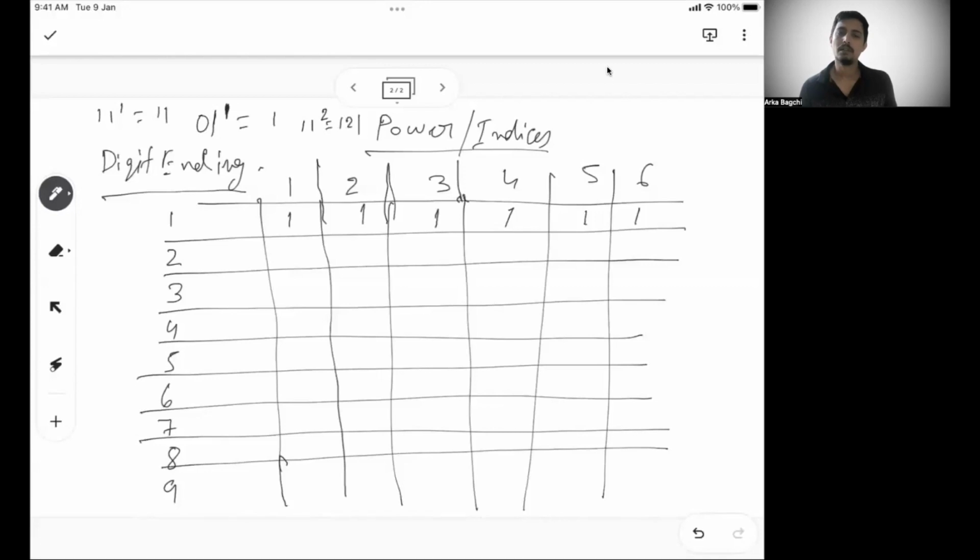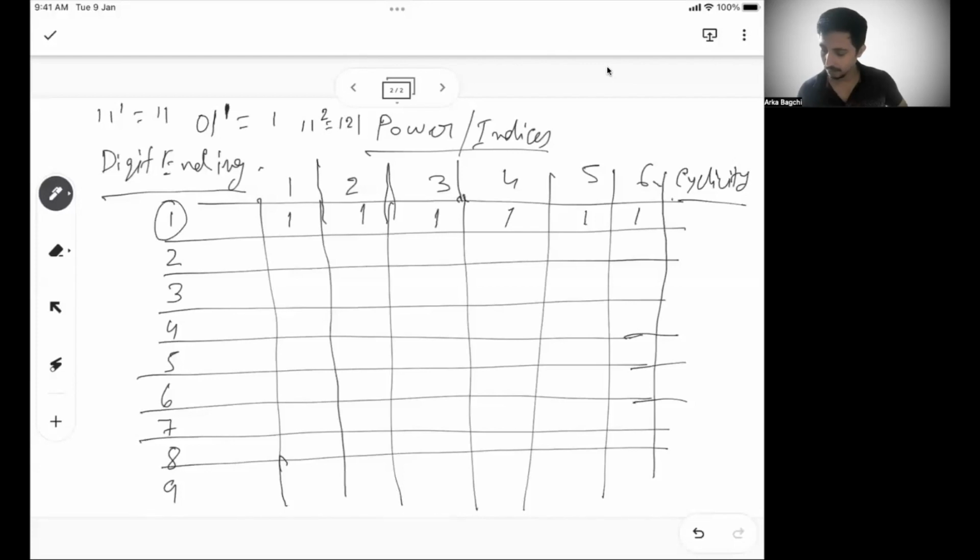Now, if I talk about a particular concept, the cyclicity of the last digit being 1. For a digit ending with 1, what is the cyclicity of the last digit as it rotates?